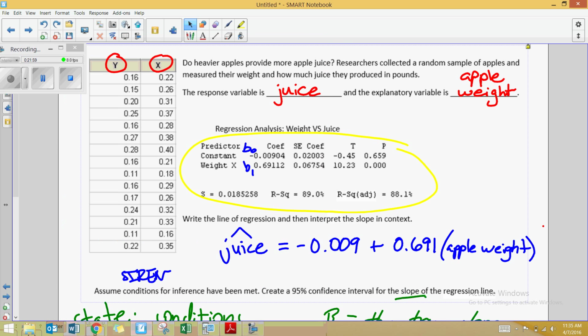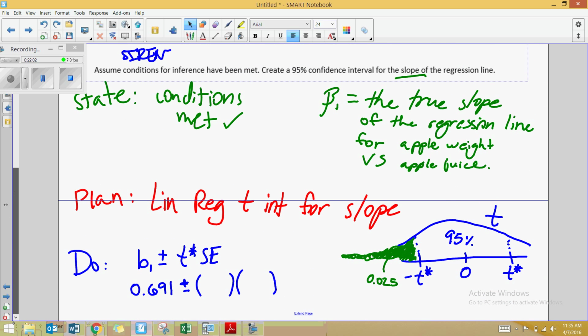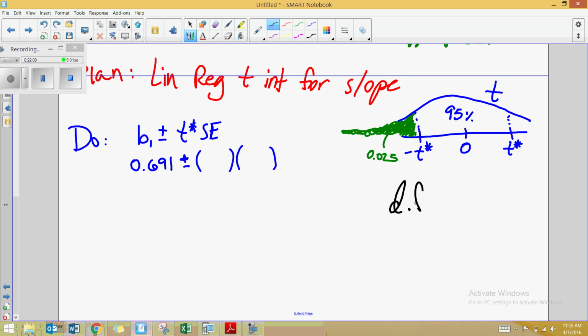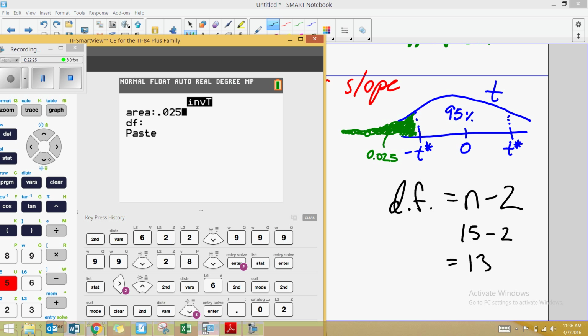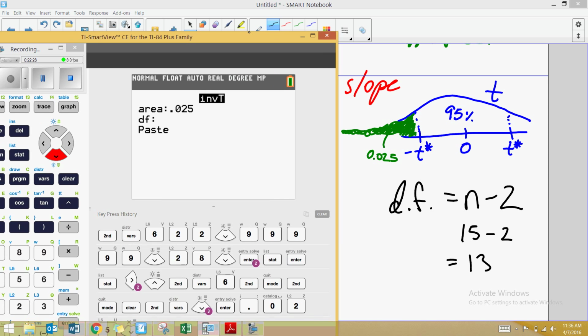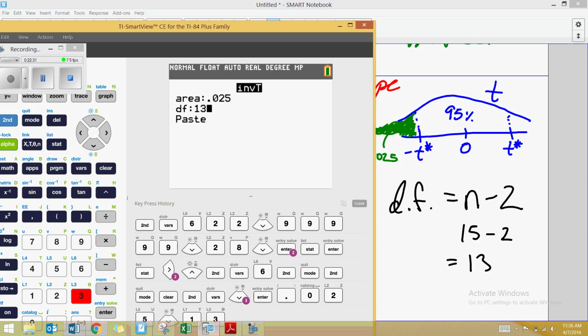So degrees of freedom is always going to be n-2 for these linear regression analyses. And that means that this would be 15 minus 2 or 13. So your calculator needs that information as well. So degrees of freedom equals 13. And let's find that critical score, my T star.